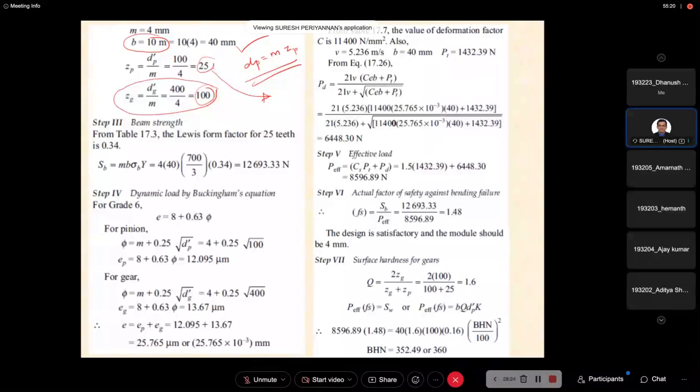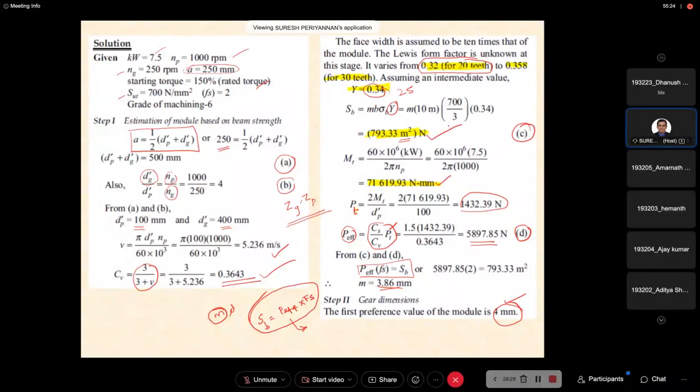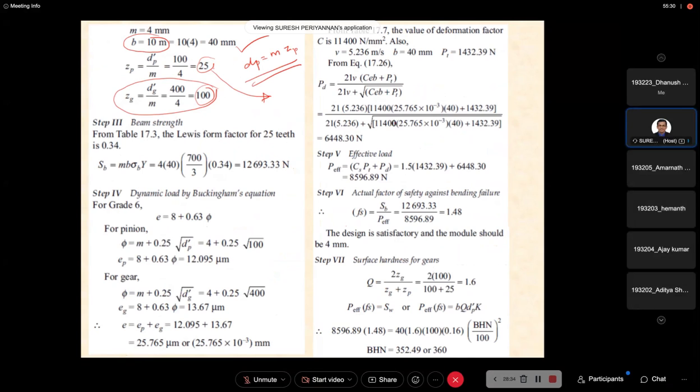Now, once we know the module, again substitute in this equation, and we are able to find our beam strength. The beam strength should be greater than our effective load.